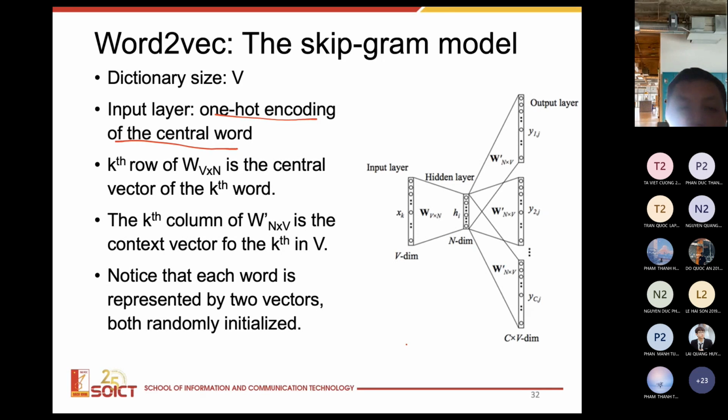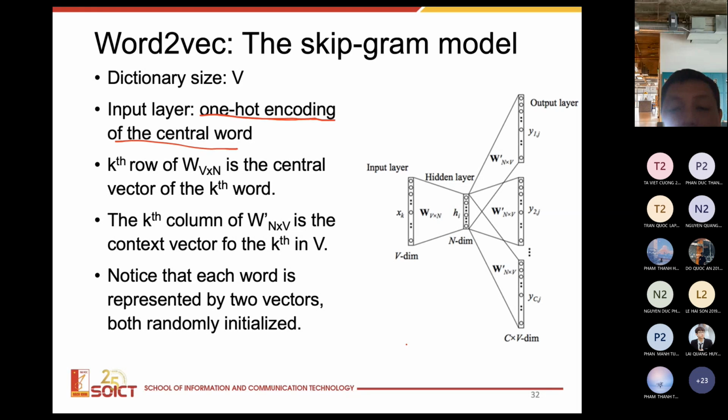The input layer is the one-hot encoding of the central word, which is just the mechanism to convert the word into a vector representation. This is not the word embedding, just a one-hot encoding, right?